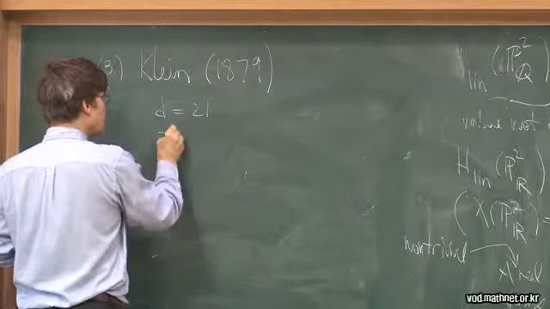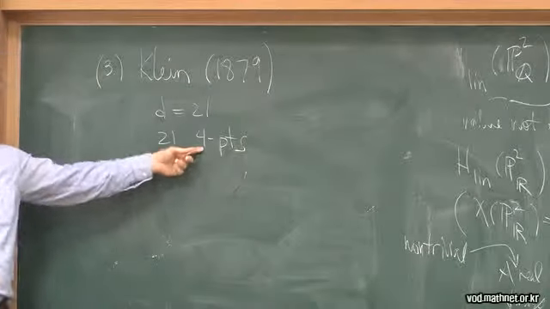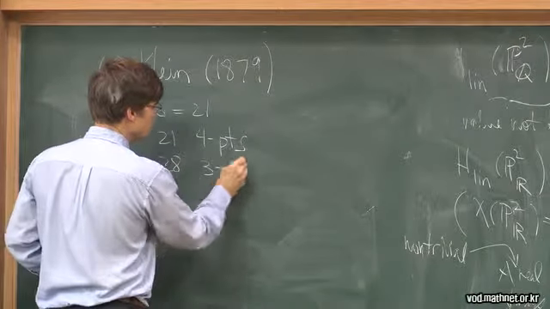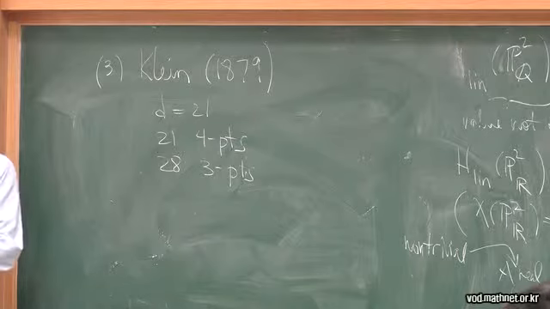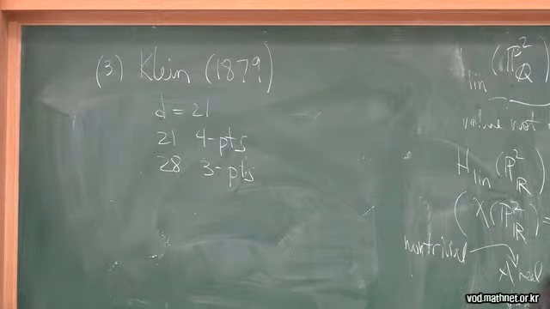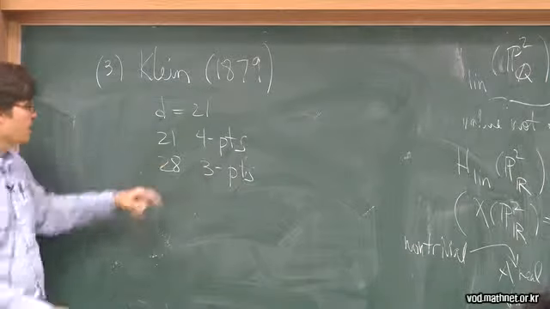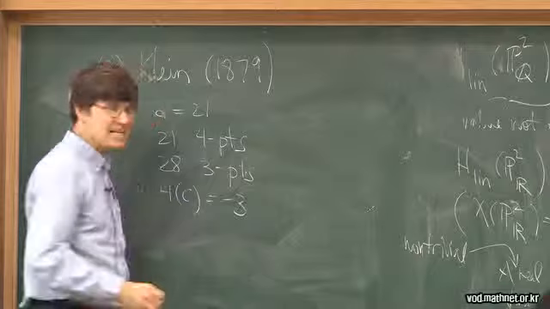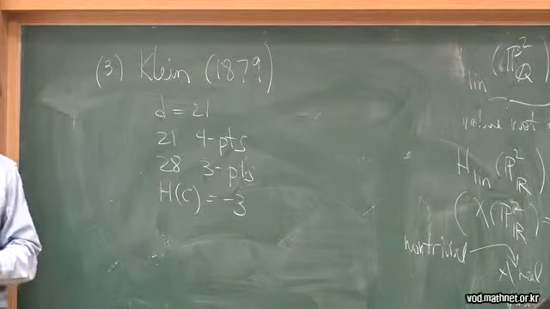And there are 21 points of multiplicity 4 and 28 points of multiplicity 3. And there are no other points where the lines cross. So every place where a line crosses another line, there are at least 3 lines that cross there, or 4. And the h constant in this case is -3 exactly. So that's a little better than you can do over the reals.